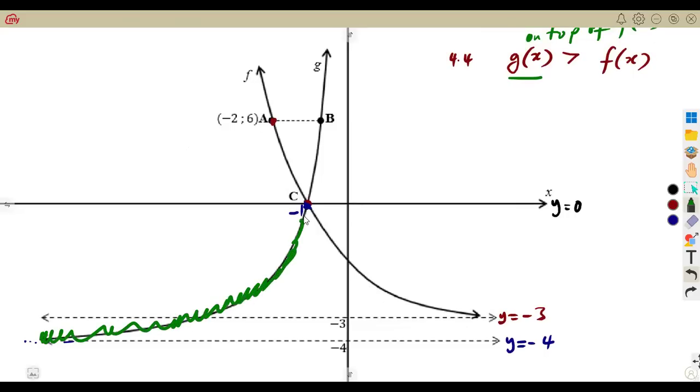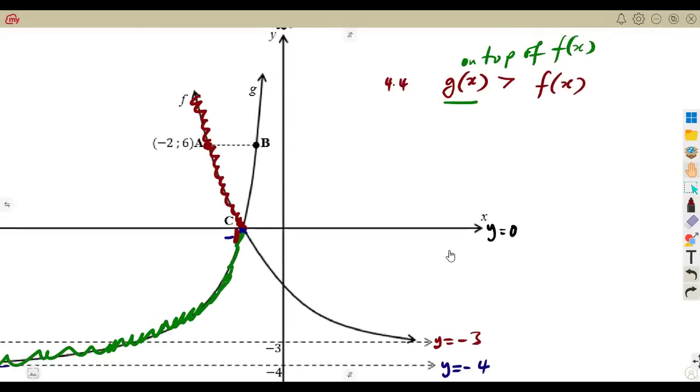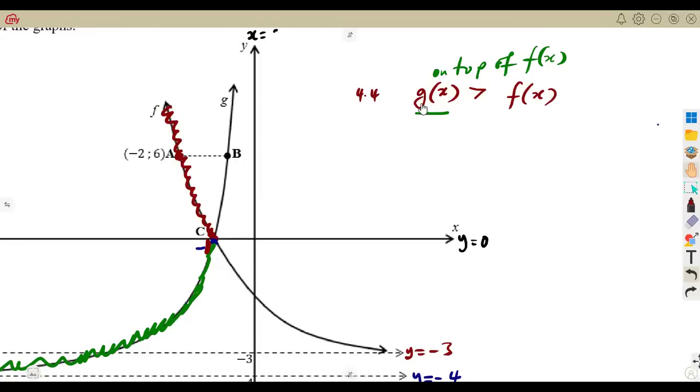Compared to f of x, look where f of x is. Up to the point you see here, f of x is the one that is above. We can see it's on top, not gx. Gx is below. So from this region of -1, going this side, -1, -2, we do not have our answer there because it is the opposite of what we want. We want gx to be the one on top.